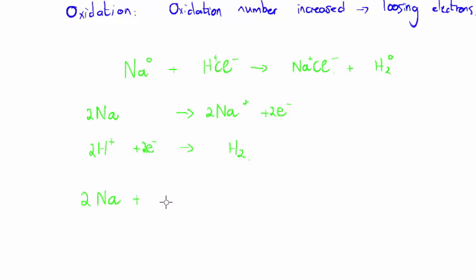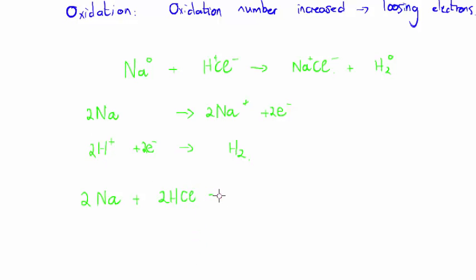So 2 sodiums plus 2 hydrogen cations, but we won't write the cation. We will include what is it called? The spectator ion. The spectator ion is the ion that didn't change. This one is an ion on its own, so he must get a spectator ion.